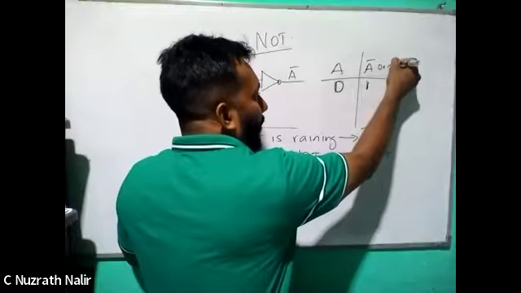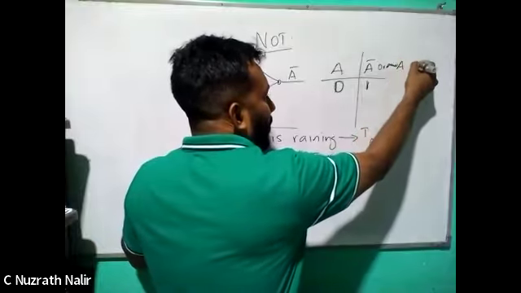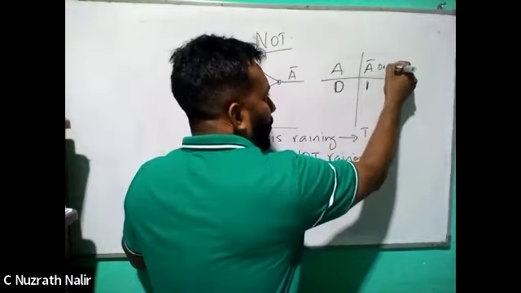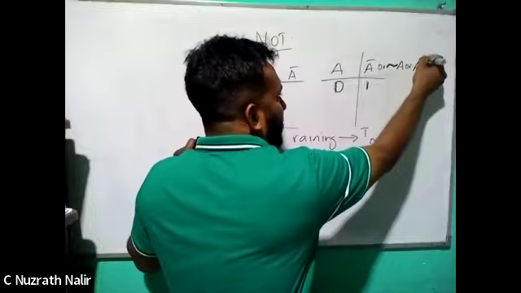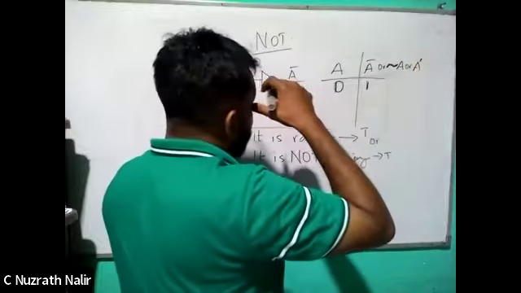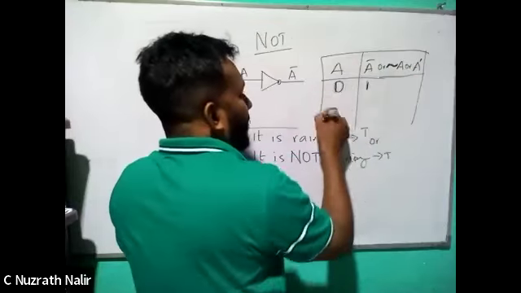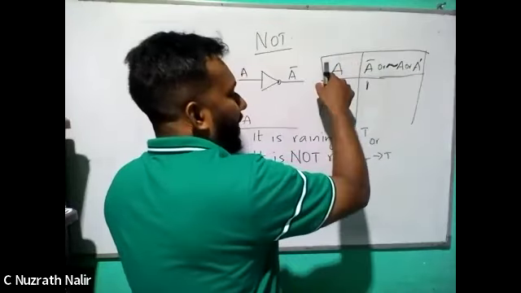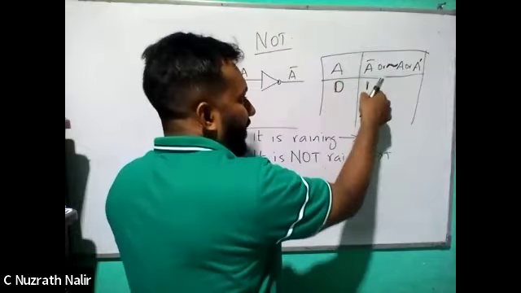You can also write it like this, A bar. Maybe at printing time, the paper would look like this. So A bar: if it is zero, then one.